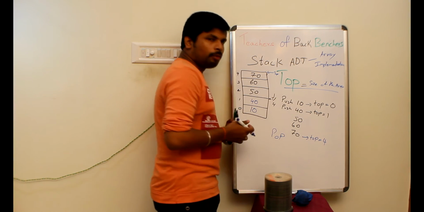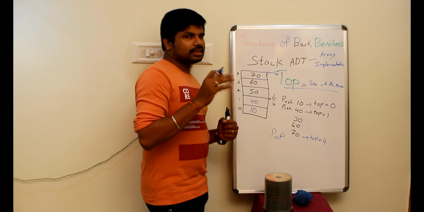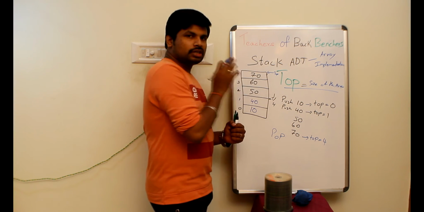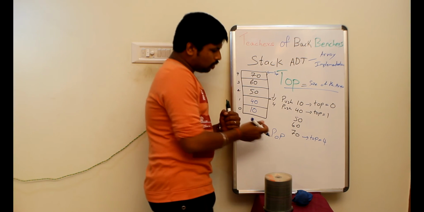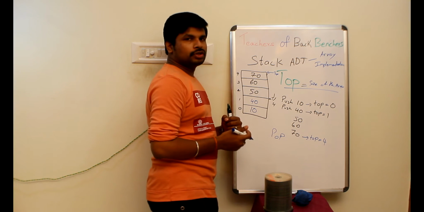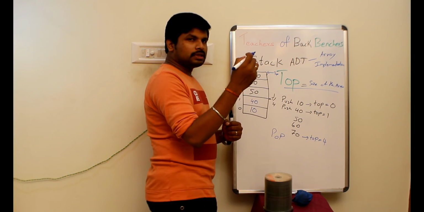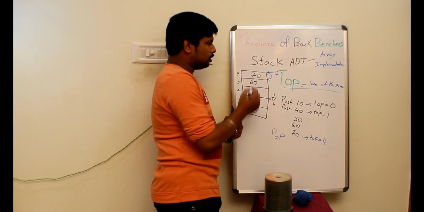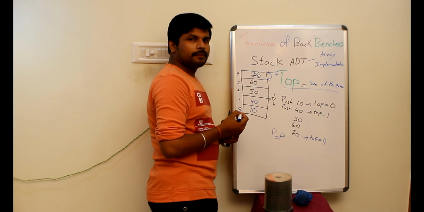But in case of pop, specifying which element to delete is unnecessary, because the element available in the top position is going to be deleted anyhow. So for deleting the topmost element, we use the pop operation. In pop, top is equal to top minus 1. So the top moves down, and 70 is deleted.